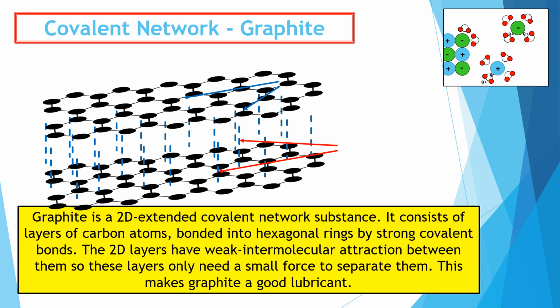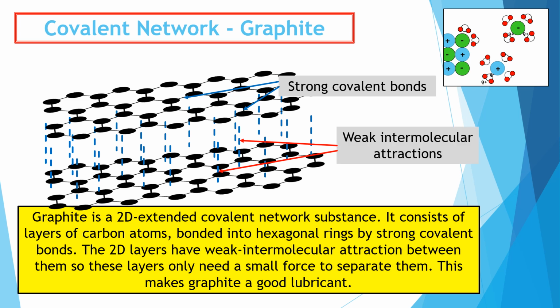That gives graphite special properties: when we put graphite onto solid objects, often they slide. If you put graphite onto a surface and you put your hand on it, it will become very slippery. It's because you have multiple two-dimensional layers sitting on top of each other, and they just slide past each other because these weak intermolecular bonds between the layers can be easily broken.